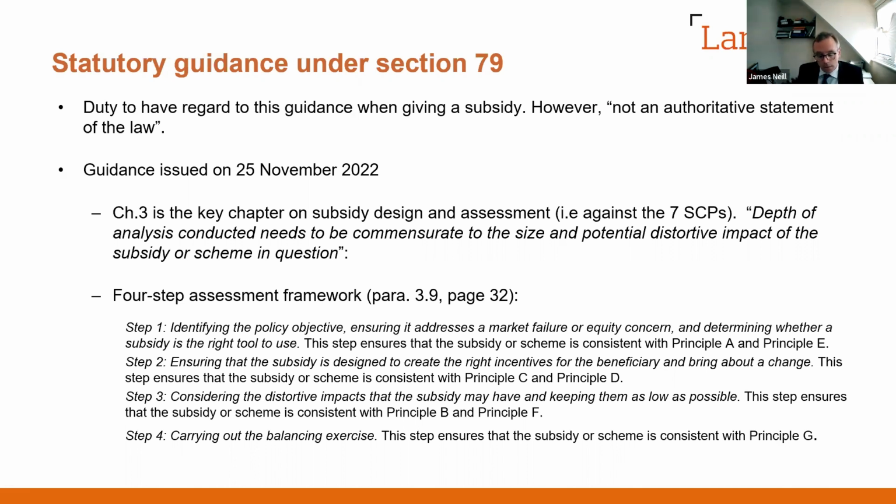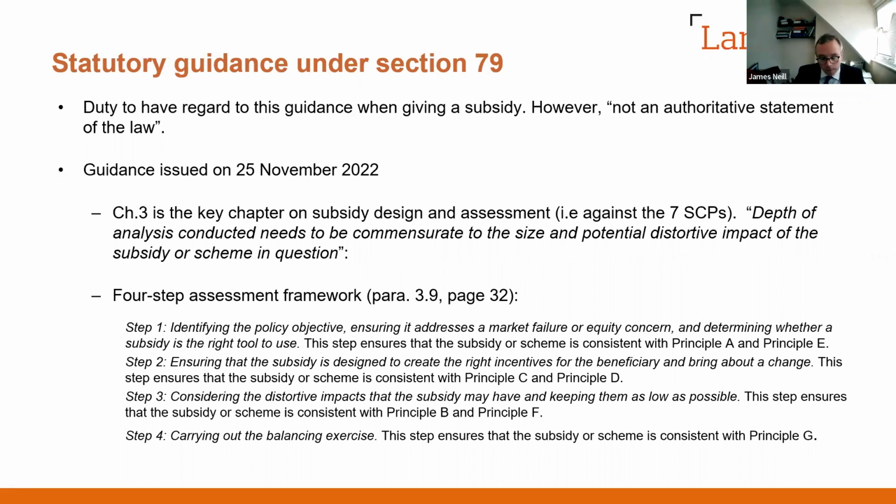Now, chapter 3 is clearly the key chapter of this guidance, because that sets out in some detail how subsidies should be designed and assessed against the 7 subsidy control principles. It does say that the depth of analysis, and effectively the depth of audit, that a local authority needs to go through needs to be commensurate to the size and potential distortive impact of the subsidy or scheme in question.